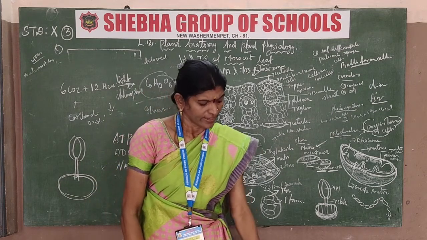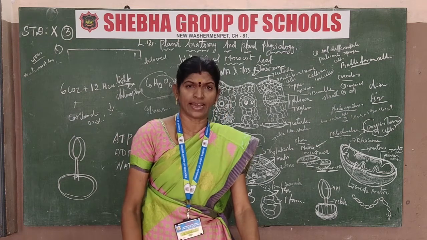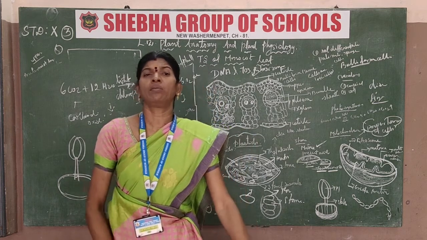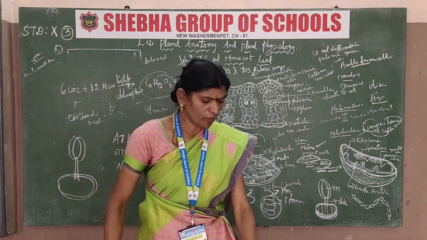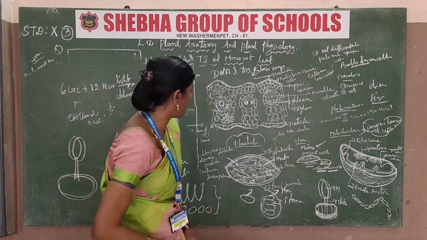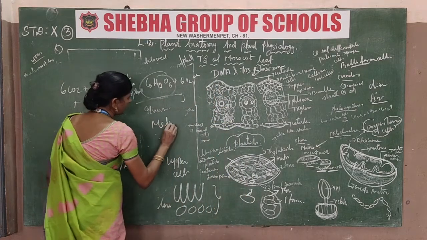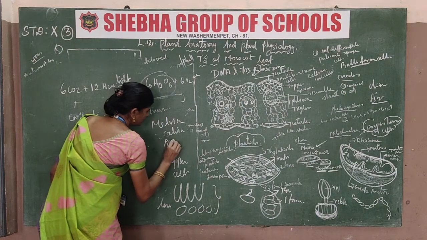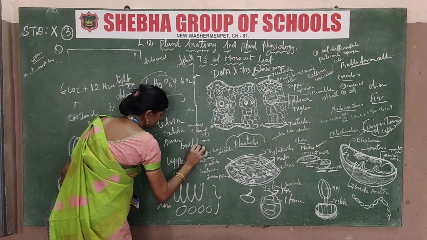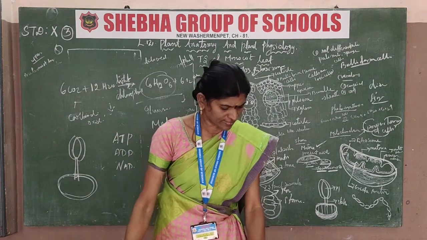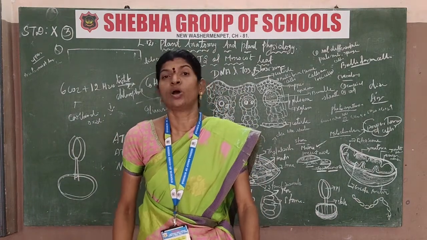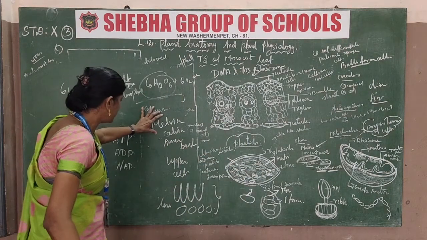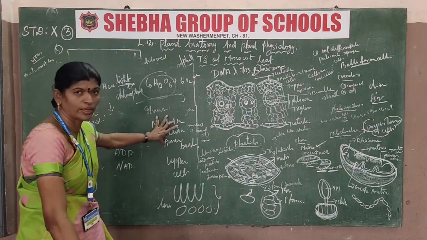Okay, it's clear. Next, Melvin Calvin is an American biochemist. He discovered the pathway of photosynthesis. Who discovered it? Melvin Calvin, the American biochemist.